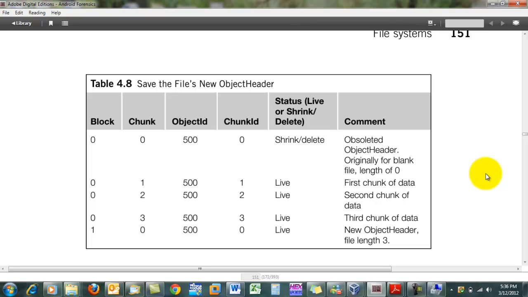What this means in terms of forensics is that the old data will still be in the file system, the NAND flash device, until garbage collection comes and erases everything, the block, into FF in terms of hexadecimal, or 1s. So this is one of the concepts in the YAFFS2 file system.